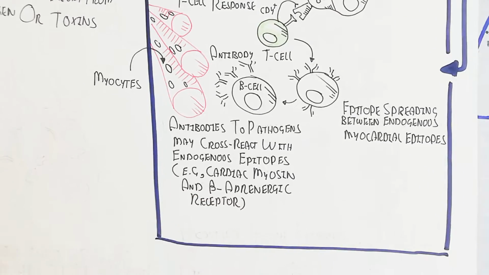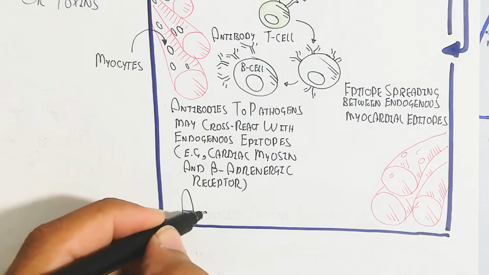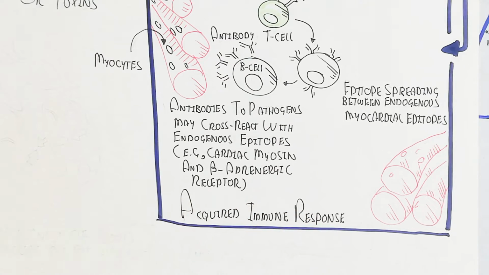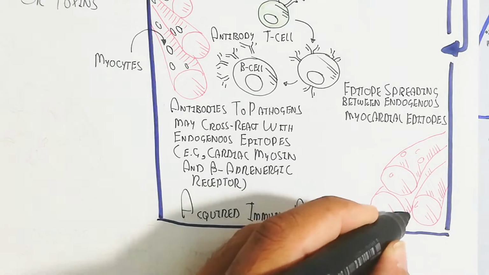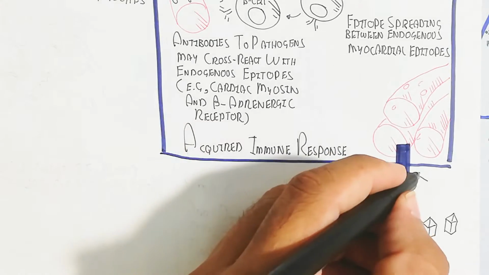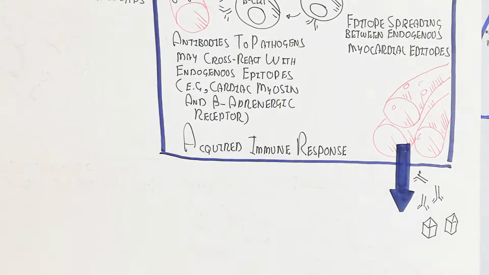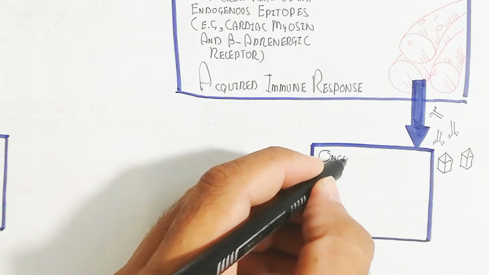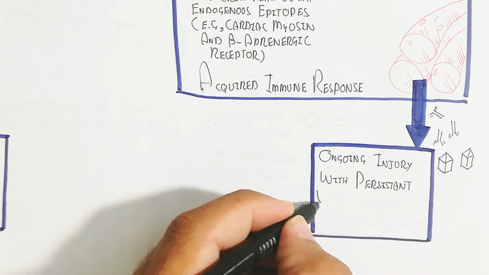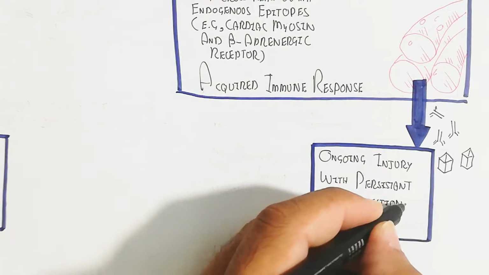So in this way, an autoimmune reaction can occur due to the B cell reacting against the endogenous epitope, for example, our own body tissue, the heart. So this is the acquired immune response. There can be ongoing injury with persistent viral infection or immune response.